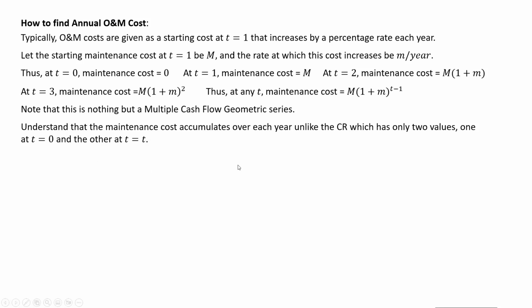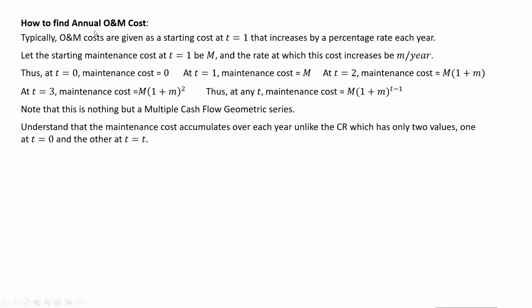So in a cash flow diagram, if we were to show the maintenance costs for every year, we are looking at t equals some particular time t. So what was the maintenance cost at t minus 1, t minus 2, t minus 3, at t itself, all the way up to year 1? We need to show that.